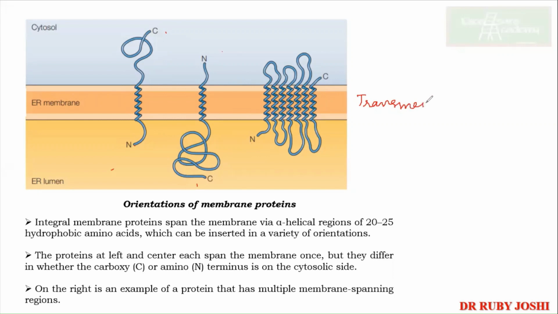What is the difference over here? In the transmembrane proteins, the translocon has to push the alpha helices many times. How many are there here? 1, 2, 3, 4, 5, 6, 7. So around 7 are there, and 7 times it is going to push into the hydrophobic region so that the protein gets inserted. I hope everyone is able to follow.